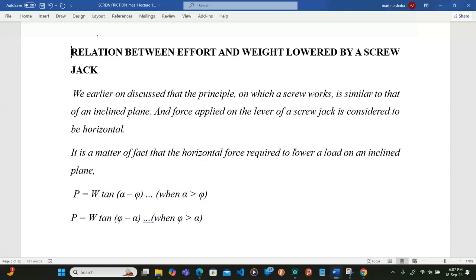Now, in this scenario, we are looking at what if we are lowering the body down.